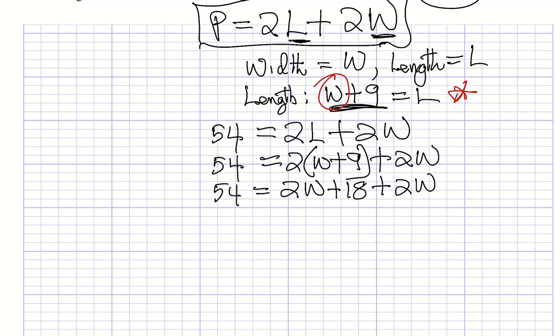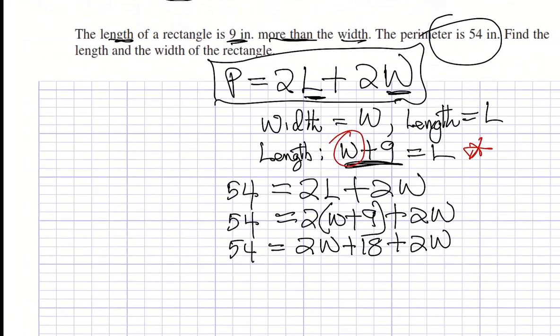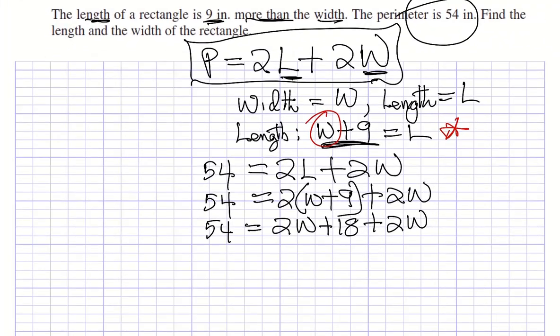So we can move the unknown to the left. We didn't change anything, we just moved it around. We'll combine this and that, and we get 4W plus 18.